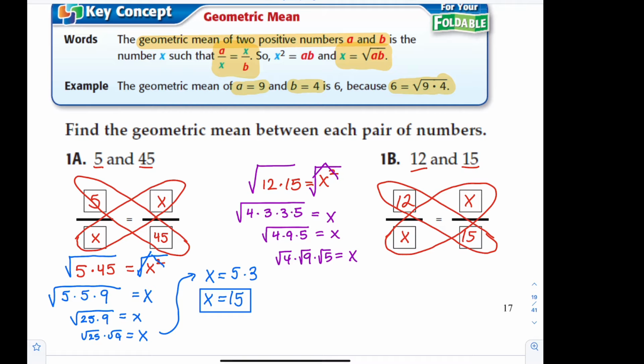So we can split up the radical into separate radicals and evaluate the perfect square parts. Square root of 4 is 2, square root of 9 is 3, square root of 5 has to stay the square root of 5. So 2 times 3 being 6, x equals 6 square root of 5. You're going to see radicals in the answers with these types of problems frequently.